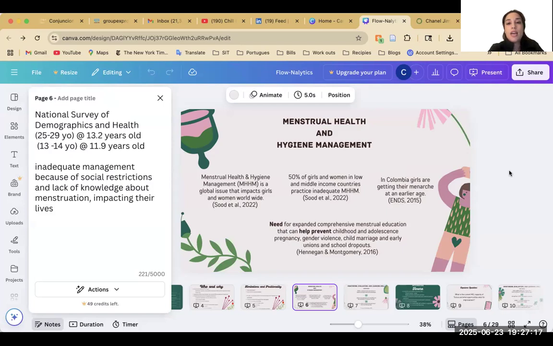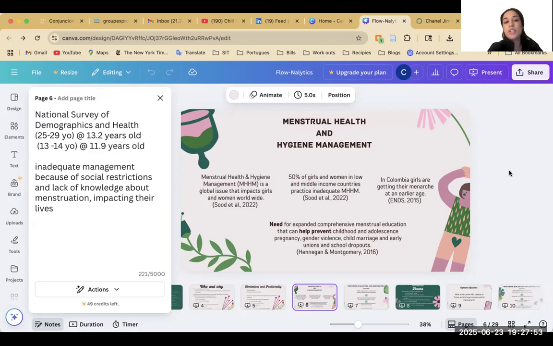And then in Colombia, so now focusing on Colombia, girls are getting their menarche at an earlier age. Menarche means the first time that a girl has menstruation, the first time that they bleed. And by an earlier age, we mean, they surveyed 25 to 29-year-olds, someone like me, and they said that they started their menarche at 13.2 years old.